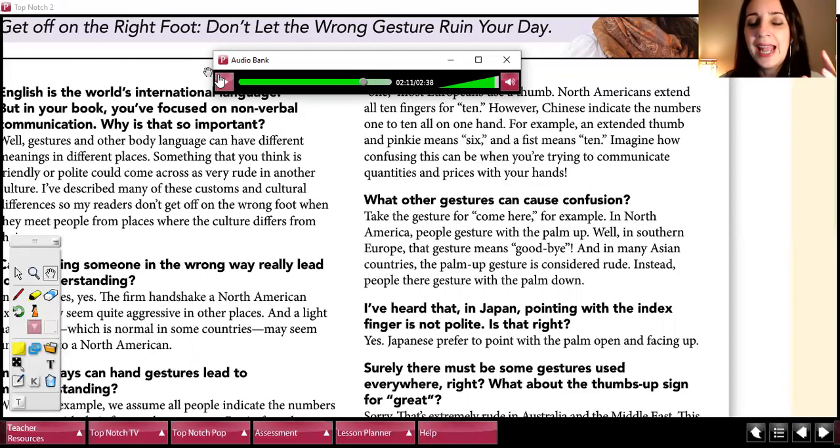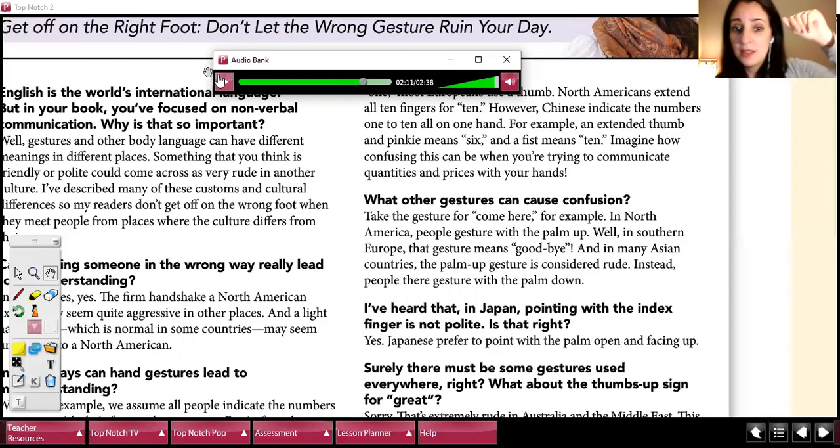Take, esse take aí é como se fosse dar um exemplo. Então, pegue aí esse exemplo, né? Take. Veja, take. Take the gesture for come here, for example. In North America, people gesture with the palm up, okay? Well, in Southern Europe, the gesture means goodbye. And in many Asian countries, the palm up gesture is considered rude.